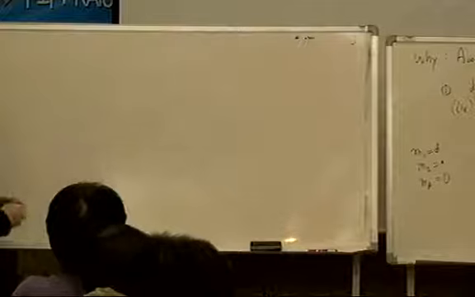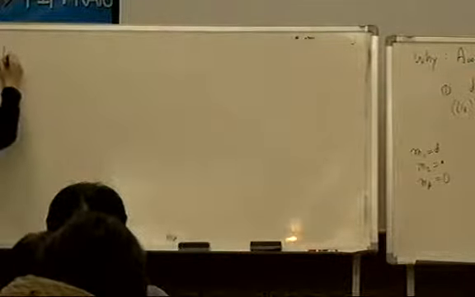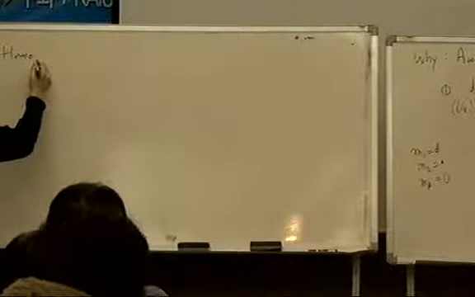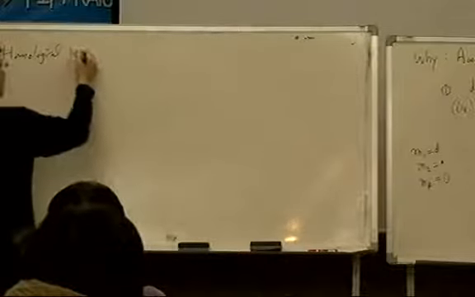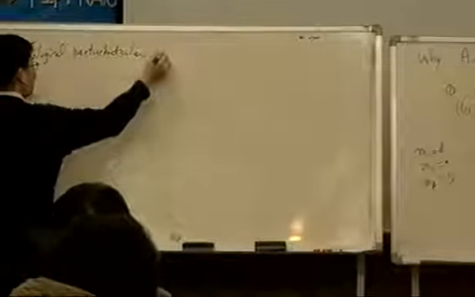So one way to actually get a non-trivial A-infinity algebra is the following, what's called the homological perturbation lemma. Let me just briefly mention.